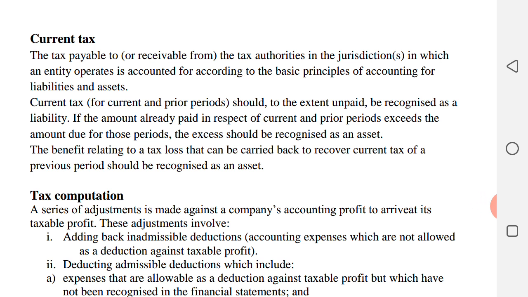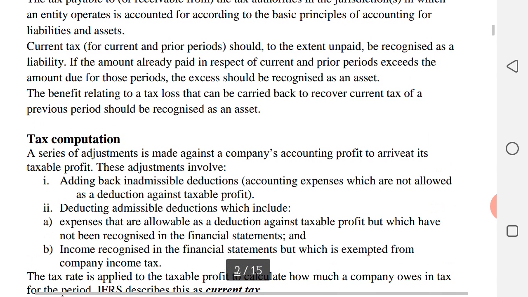If the amount already paid in respect of current and prior period exceeds the amount due for those periods, the excess should be recognized as an asset. The benefits relating to a tax loss that can be carried back to recover current tax of a previous period should be recognized as an asset.